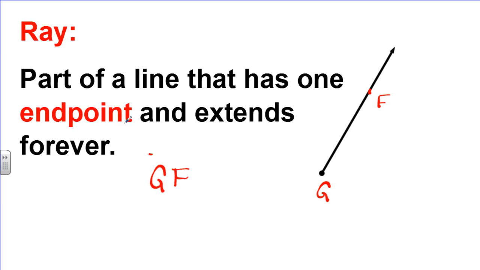And this one, because the directionality is important, it starts at G, goes through F. G is the first letter of the name because it refers to the endpoint. Very important. It's part of a line that extends infinitely in simply one direction and has one endpoint.